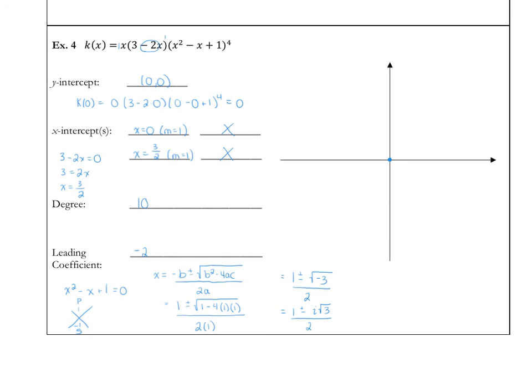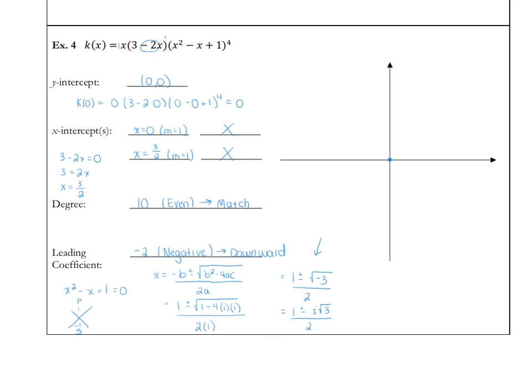So in this case, the degree is 10, right, which is even. That tells me my ends will match. And the negative 2 is negative. And so that tells me that they will be pointing downward in this particular case. So let's add that in.